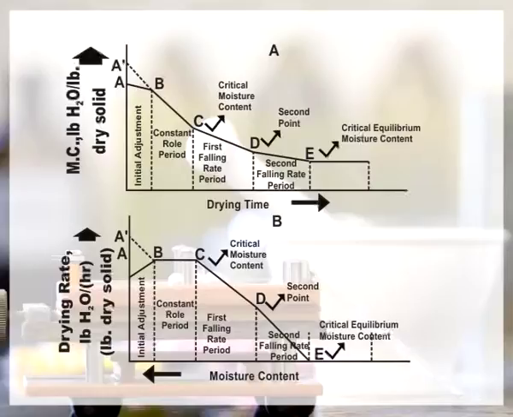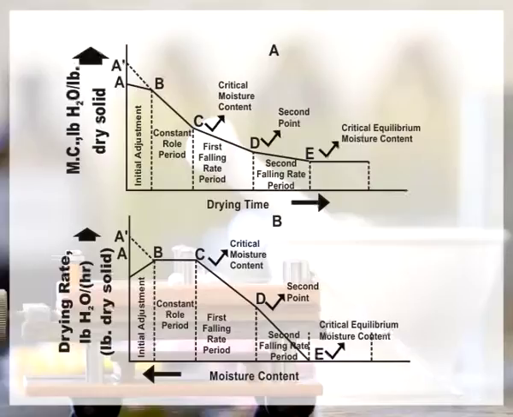Heat flows to the cooled surface at high rates and leads to a rise in temperature and evaporation again. This continues, and after some time the heating and cooling rates become equal. This temperature is equal to the wet bulb temperature of the drying air, and it is referred to by a point on the graph.